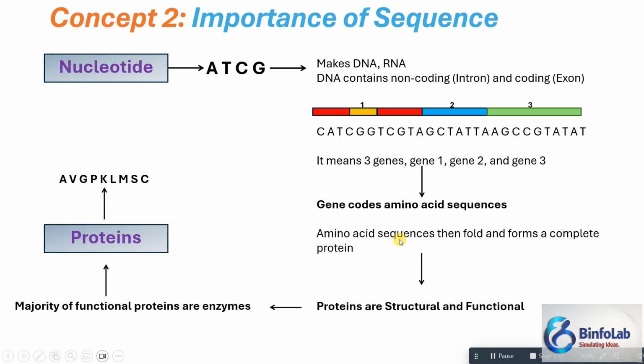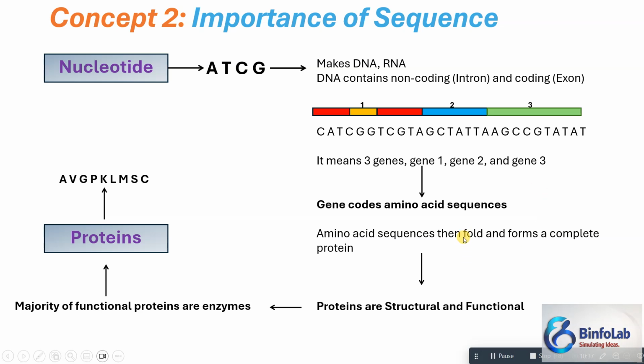Amino acid sequences, once they are produced in the cytoplasm, then fold and form a complete protein. Remember this word. You cannot say that this linear sequence produced at the end of the translation is a protein. It is a polypeptide sequence. That is not a protein.